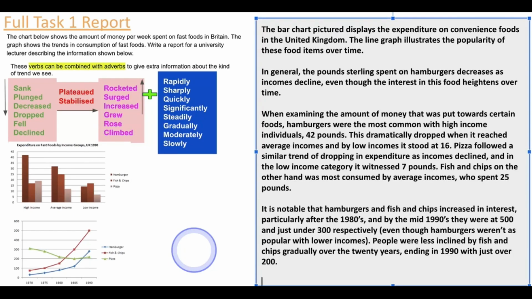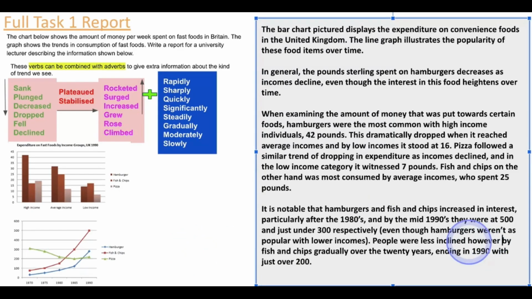Okay, let's read this back and see how it sounds. It is notable that hamburgers and fish and chips increased in interest, particularly after the 1980s, and by the mid-1990s they were at 500 and just under 300 respectively, even though hamburgers weren't as popular with lower incomes. People were less inclined by fish and chips gradually over the 20 years, ending in 1990 with just over 200.